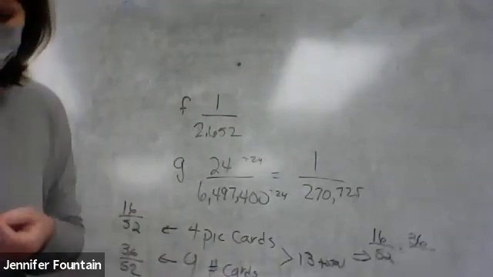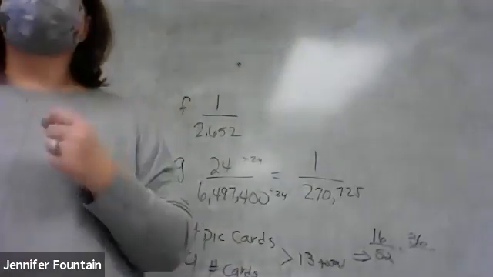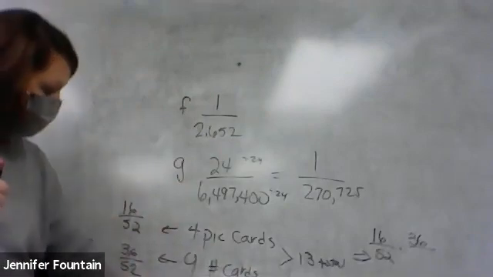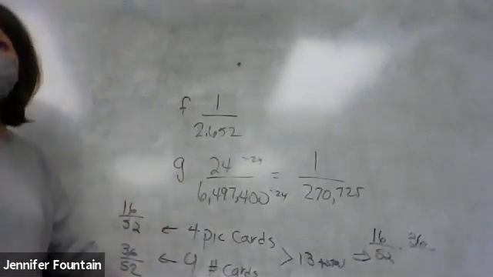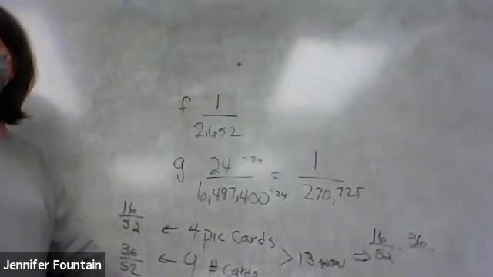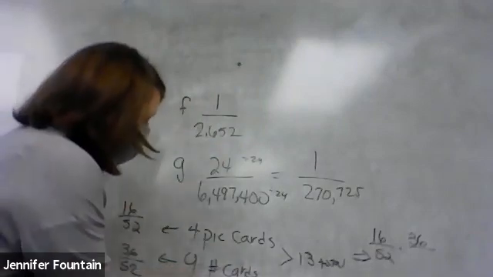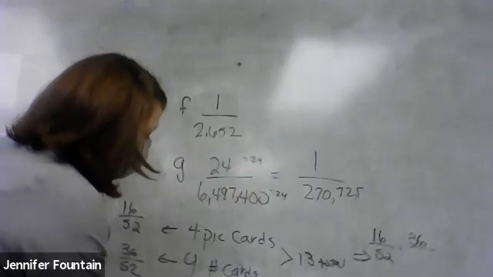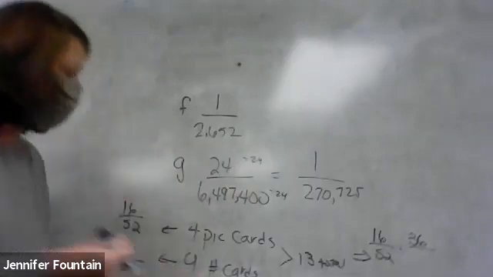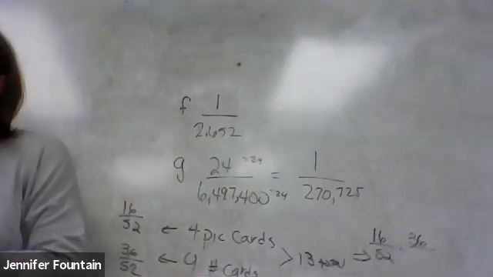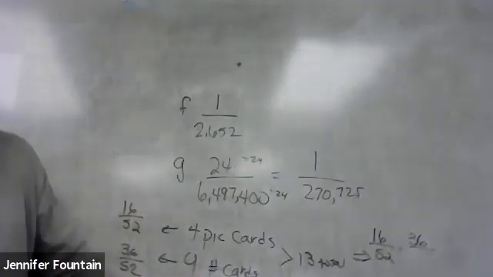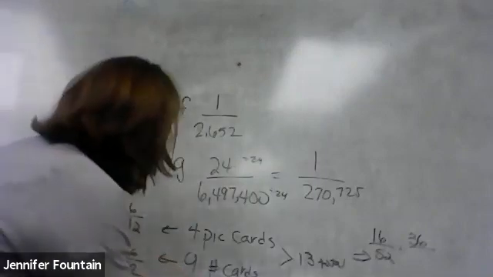My second draw, a not picture card. How many number cards, or non-picture cards, do I have? 36. We've got 36 that are not picture cards, but how many cards do we have in there? After we've done our first draw, we would only have 51, right?